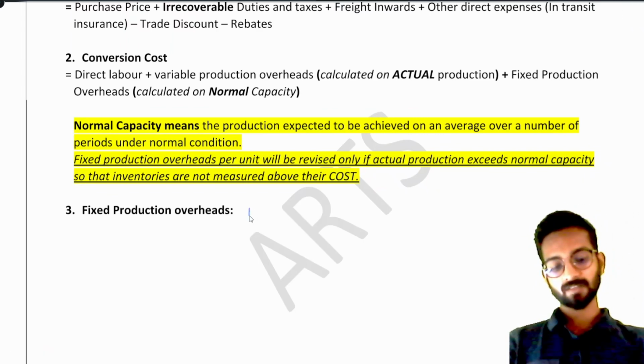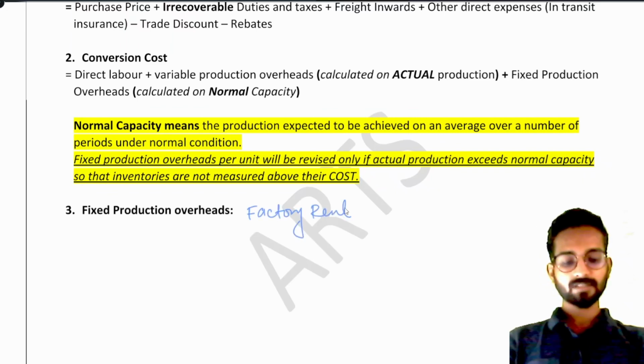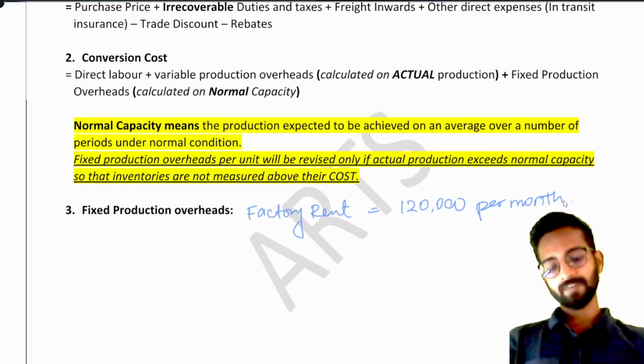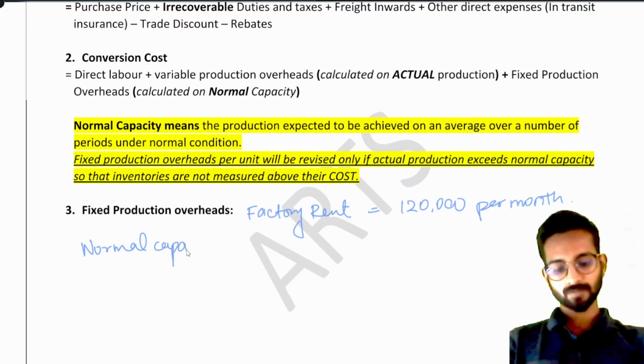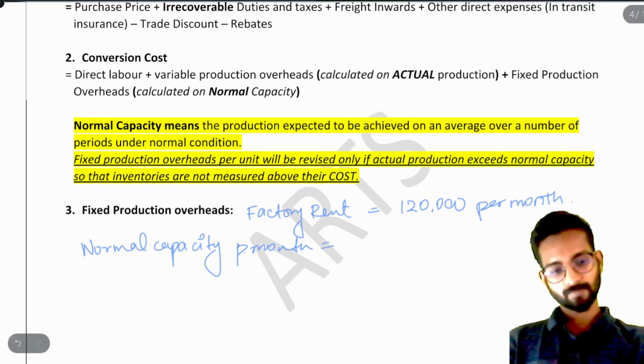For example, say the factory rent. Now, let factory rent be 1,20,000 rupees per month. And if I tell you that normal capacity per month of our factory is, let's say, 6,000 units.